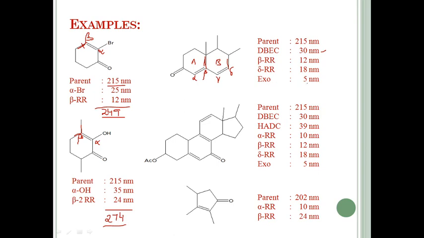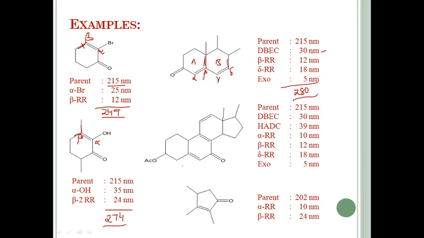So for exocyclic double bond you have to give 5 nanometer increment. So totaling all the values you will get 280 nanometers. So this is the calculated lambda max value for the compound given.